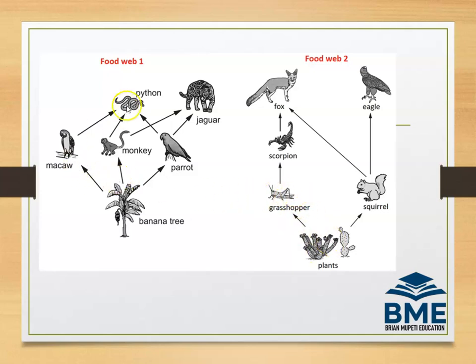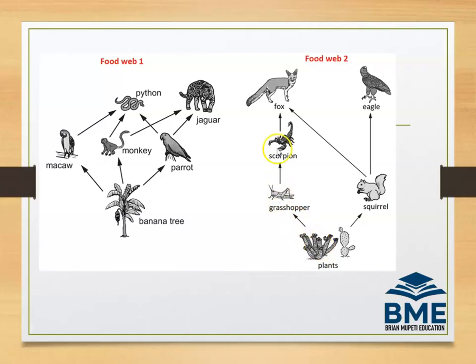Right. So we also have other secondary consumers. A single organism can also be a secondary or a tertiary consumer by virtue of its position in a food web. To explain this further, we can take a look at the fox.